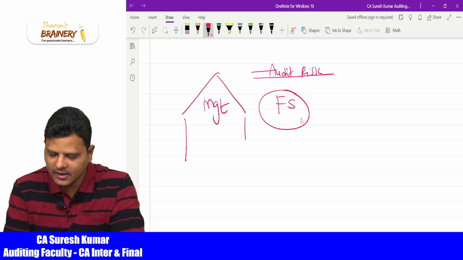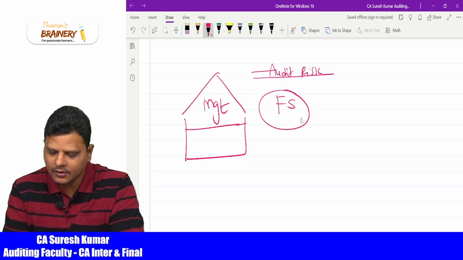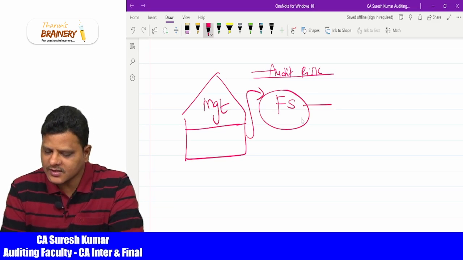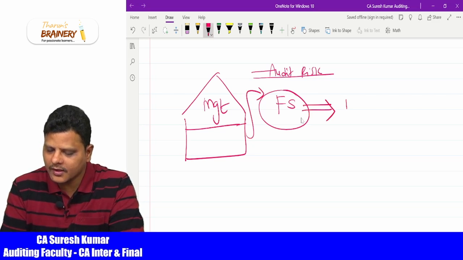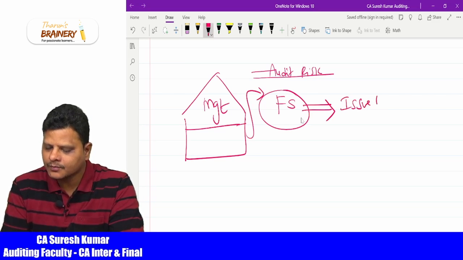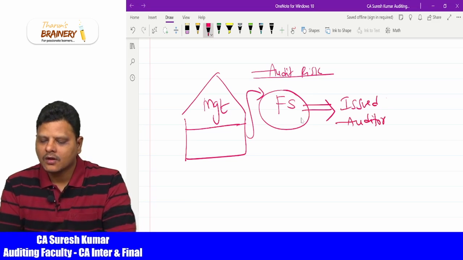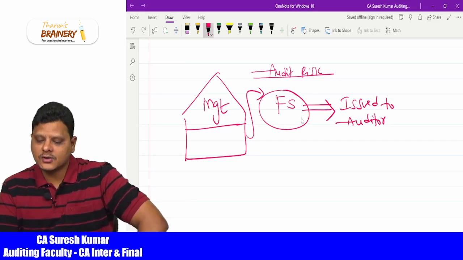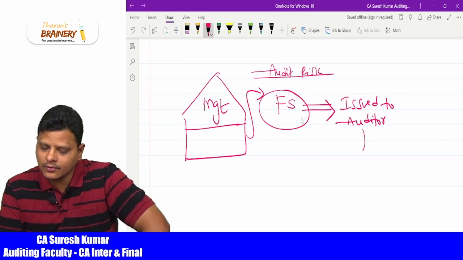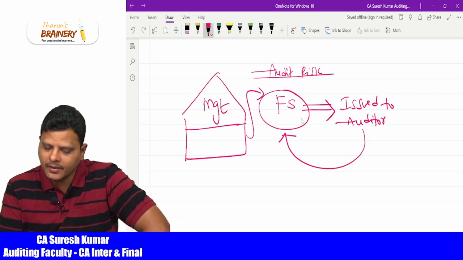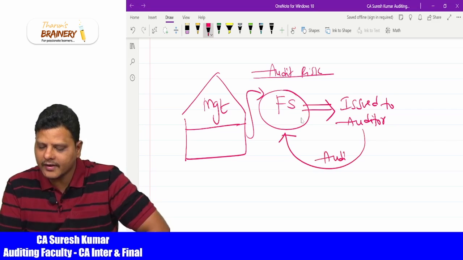Always we say management is responsible to prepare the financial statements of the companies. Now these financial statements should be issued to the auditor in order to audit them. When the financial statements are issued, the auditor is going to examine them using various audit procedures.